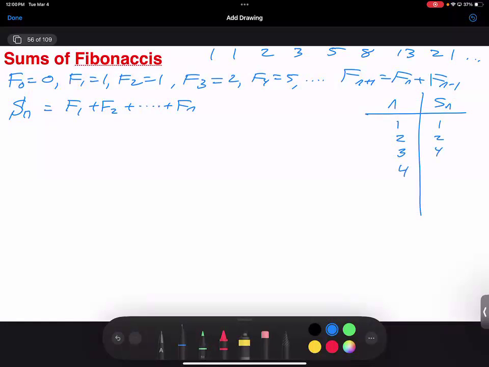When n is 4, we get 7. It's 7: 1 plus 1 plus 2 plus 3.